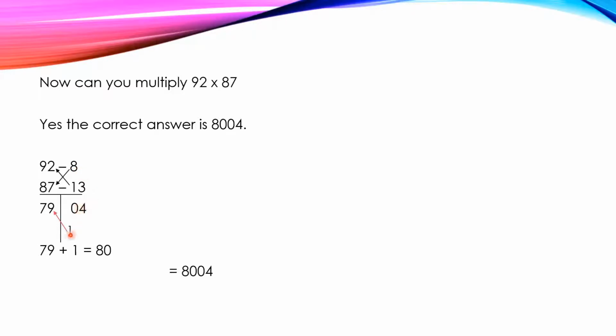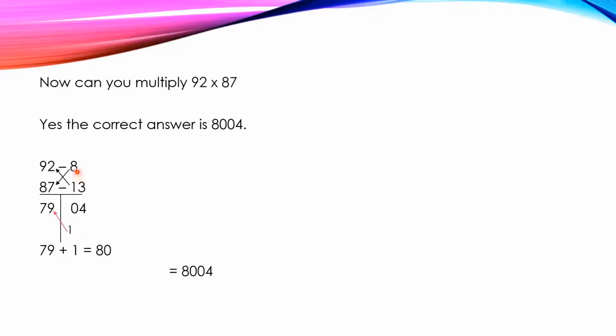Yes, the answer is 104, but we cannot write 104 as it is, as 100 has only 2 zeros in it. But 104 is of 3 digits, so we can only write 04. And our 1 is a carry.